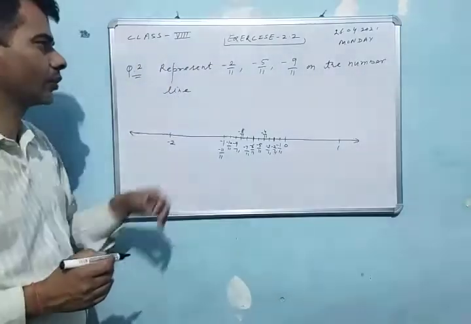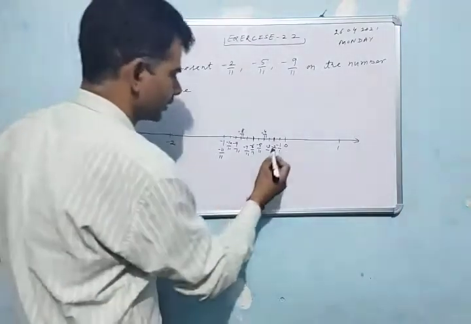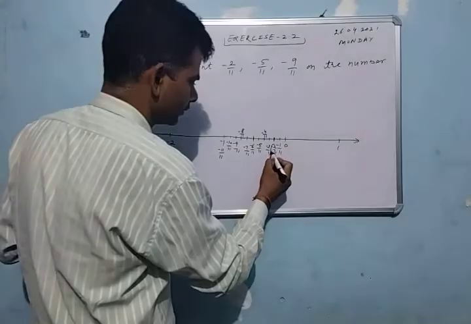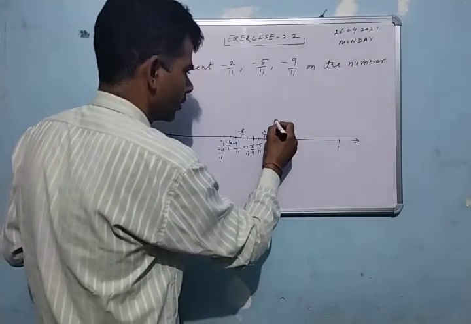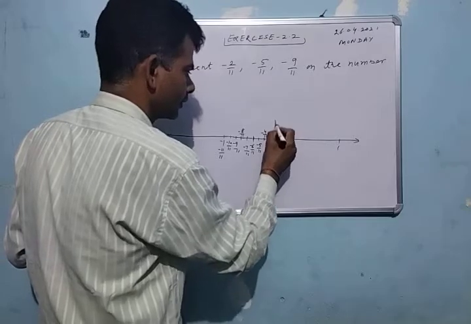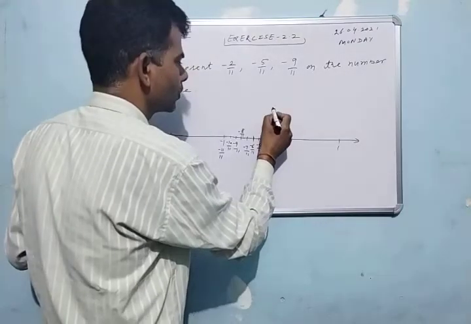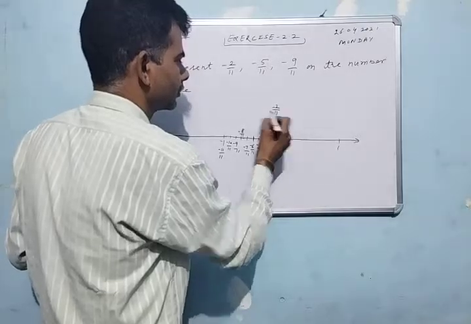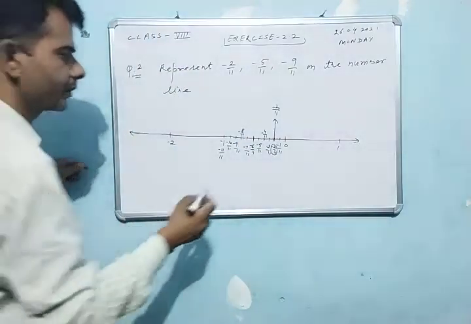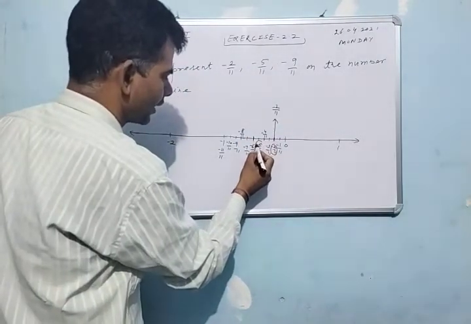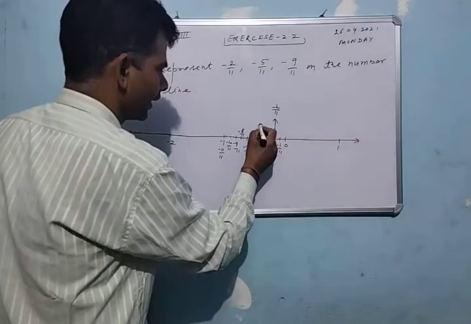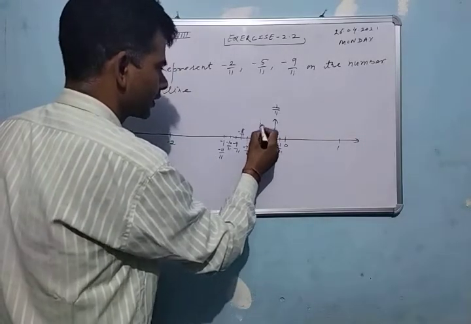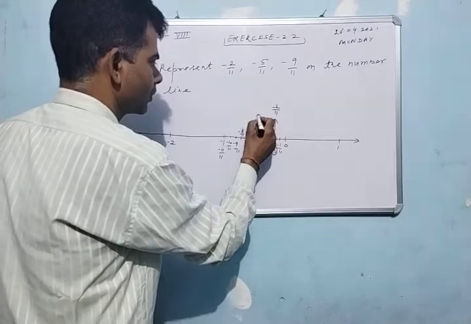Now students, we have to represent minus 2 by 11. Make an arrowhead and write minus 2 by 11.